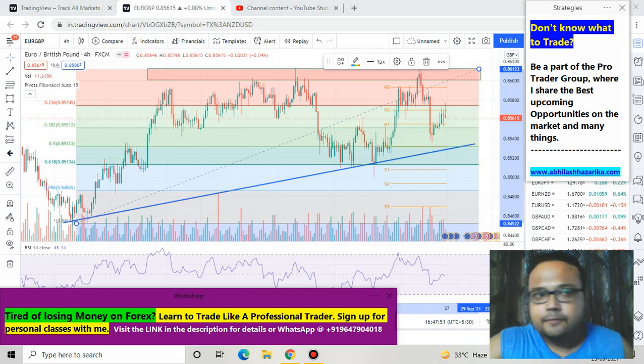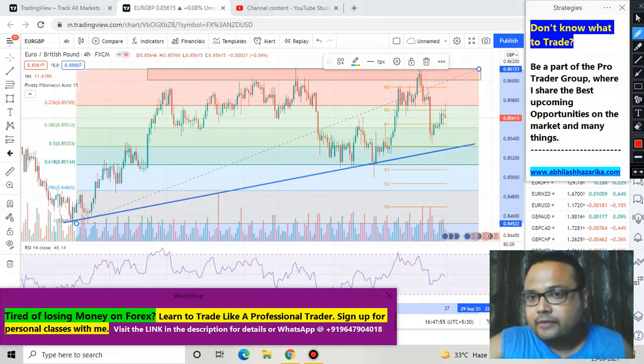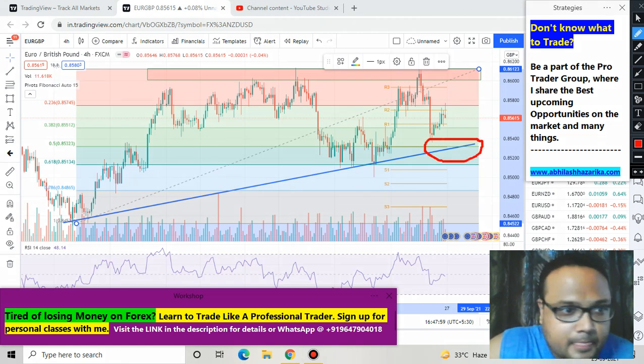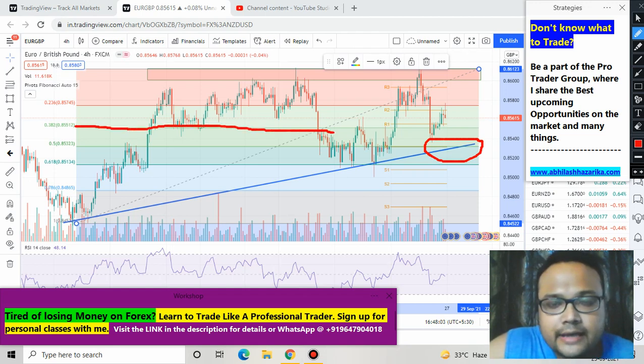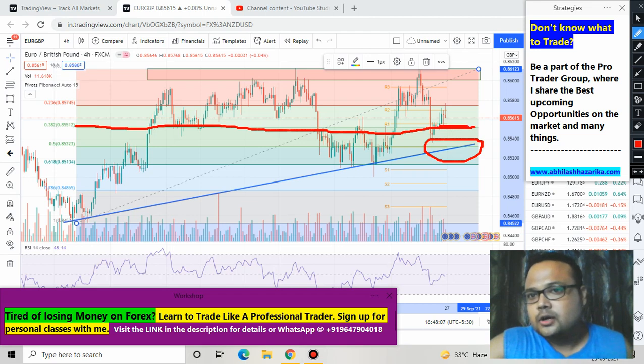On the other hand, apart from this trend line and the 50% retracement level here, you can see that the market also has the 38.2 level at this level. So this is also a level from where the market may try to bounce.